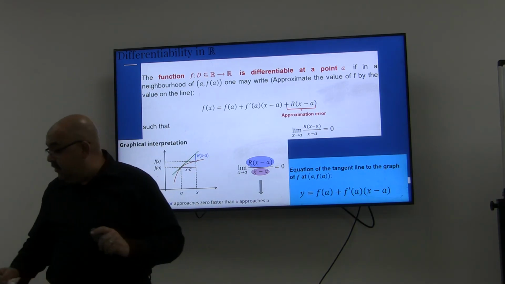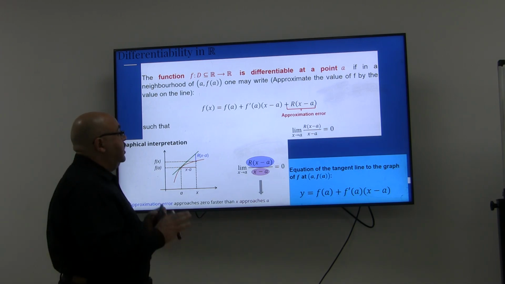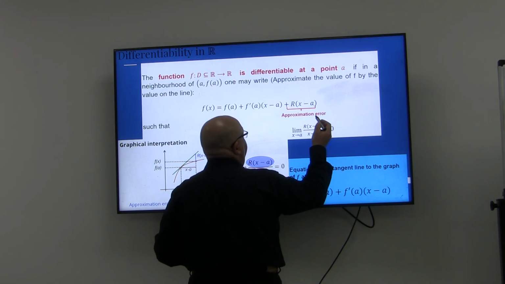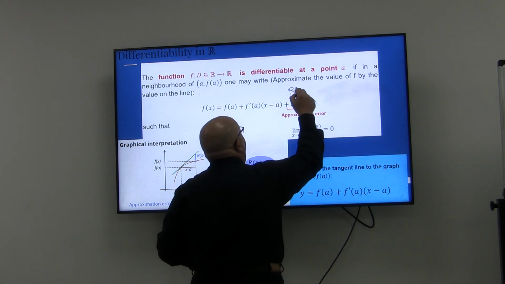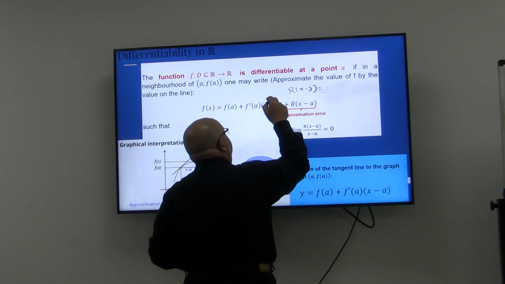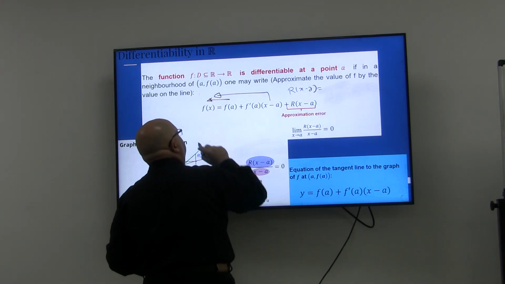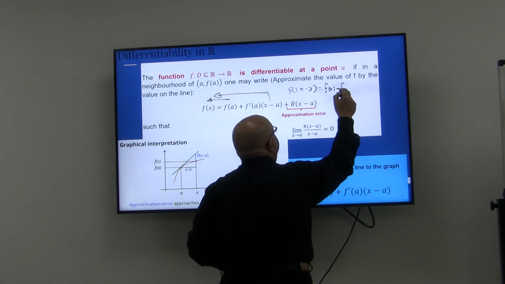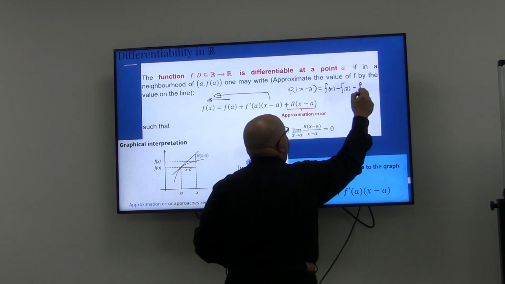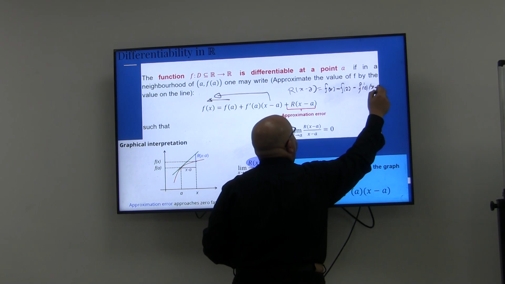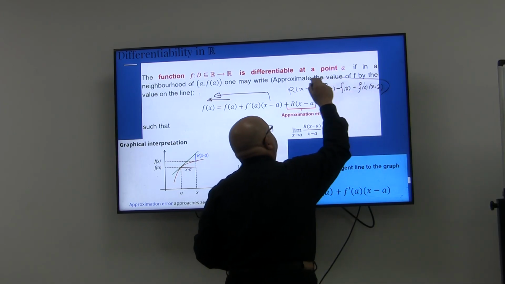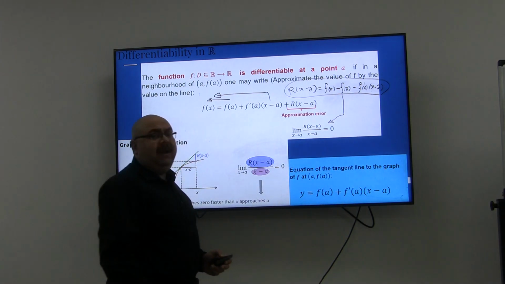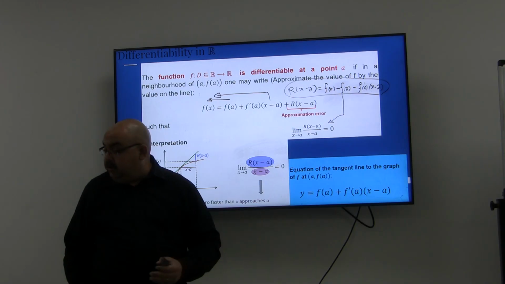And before we go further, I will stress this further also, but for the time being, also remark that R of x minus a is really simple to get. Because if I move those two parts to the other side, the remainder term will be f of x minus f at a minus f dash a times x minus a, and that's the equation of the remainder that I will depend on in order to make my analysis or to test if the remainder term is going to 0 or not.